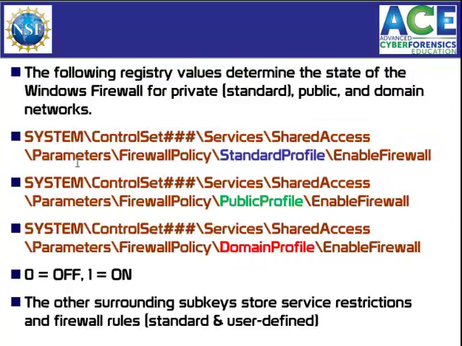If we look at the various instances that you may find inside of the subkey, all the different paths to the firewall policy values are listed for you on the screen for the standard profile, public profile, and the domain profile. The name of the value is EnableFirewall, and the value will be a 32-bit value. When converted from hex to decimal, a 0 is off and a 1 is on. Again, these are all default values of being turned on for all of the possible profiles.